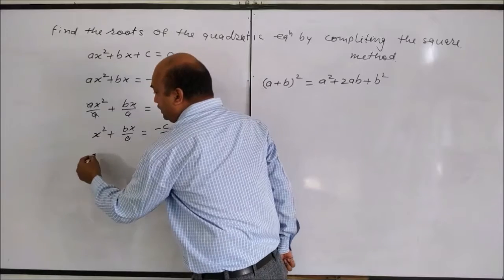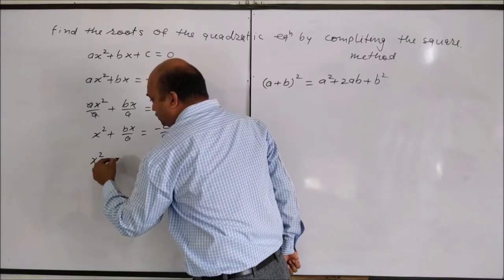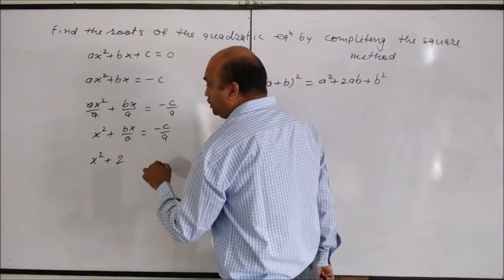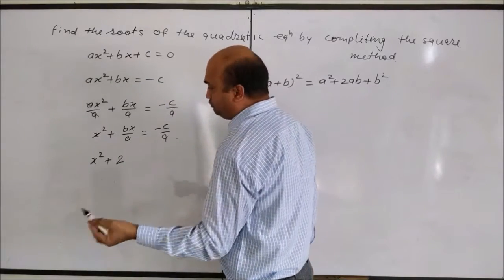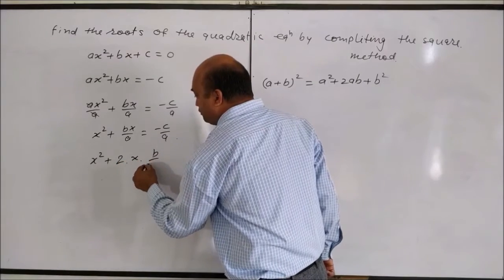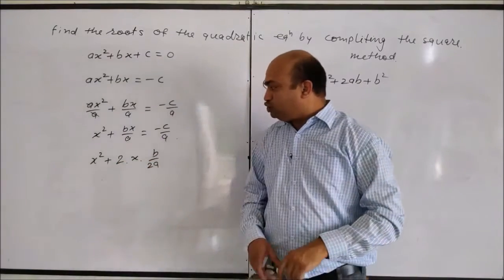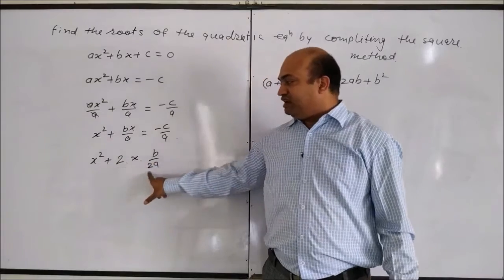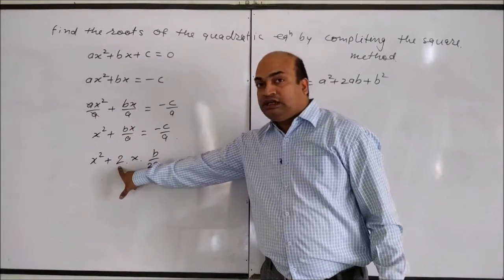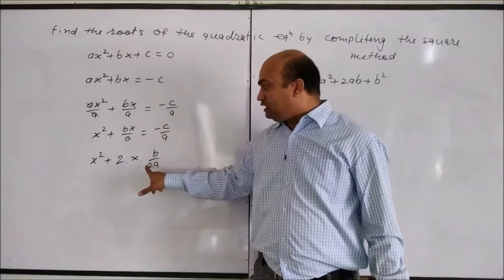Here a is only x, plus 2 we don't have here, so multiply by 2 and divide by the same. X we write same and it will be b by 2a. You see, we multiply and divided by 2. So the 2 by which we multiplied is here and the 2 by which we divided is here.